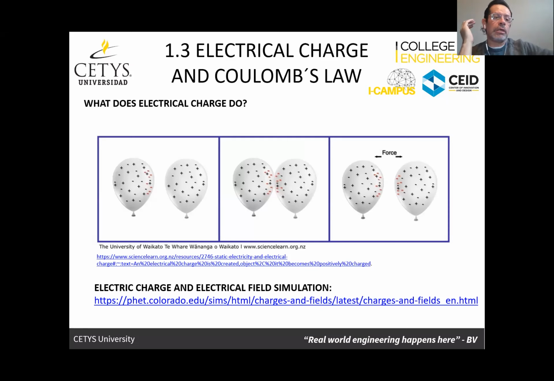They're also going to depend on the amount of charge that is being generated, and those are the units we talked about. And it's also going to depend on the distance between them. Okay.